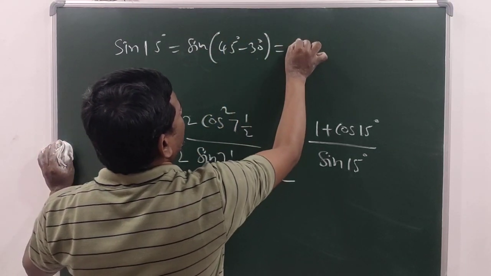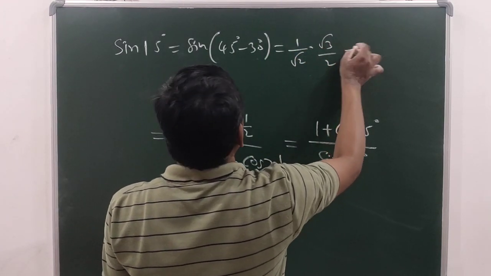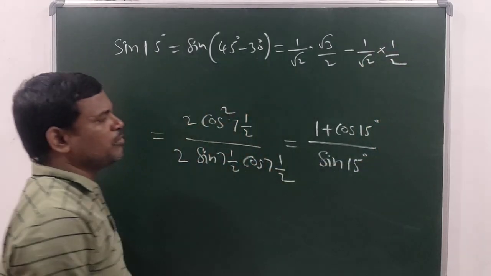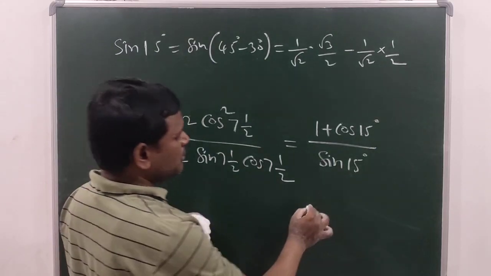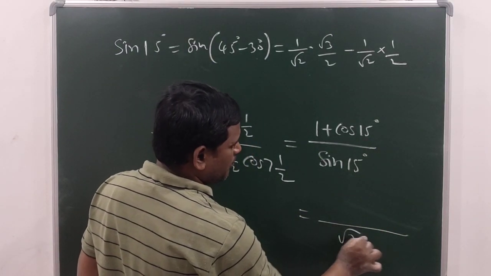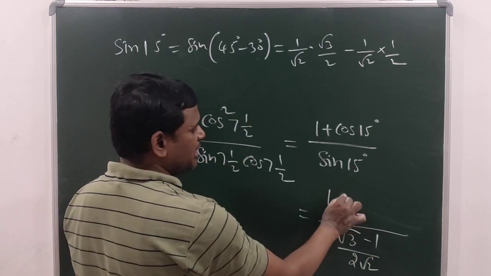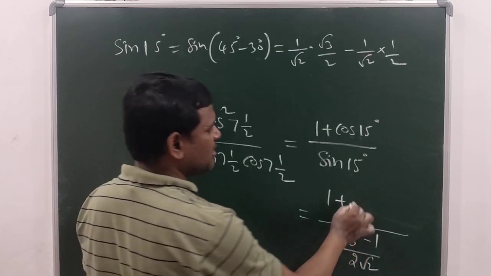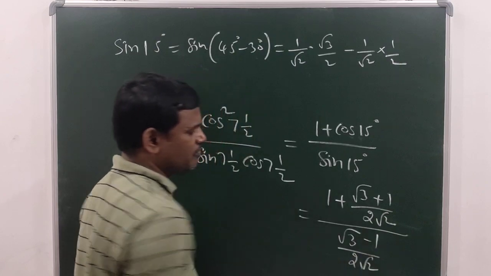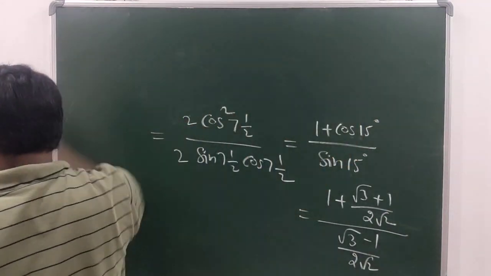That is sin A cos B minus cos A sin B, and you got root 3 minus 1 by 2 root 2. So now replace this by root 3 minus 1 by 2 root 2. Okay, fine. So here cos 15 degrees, root 3 plus 1 by 2 root 2 you will get. Now let us simplify this.